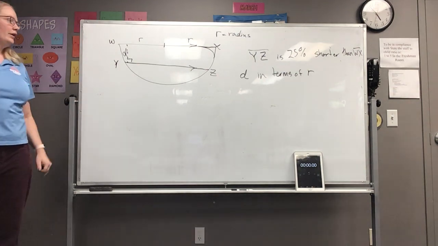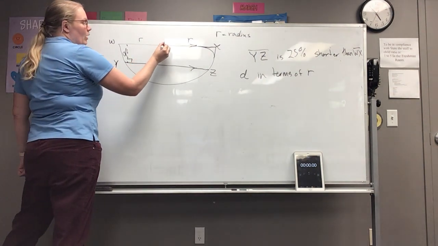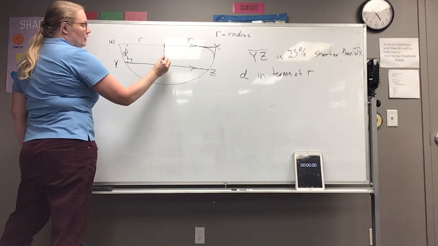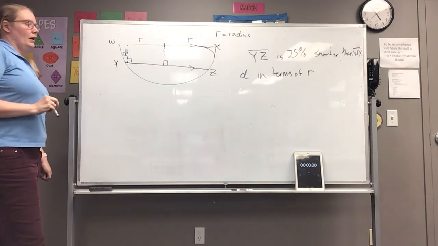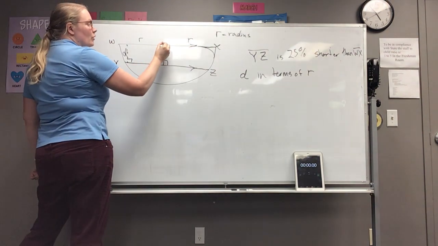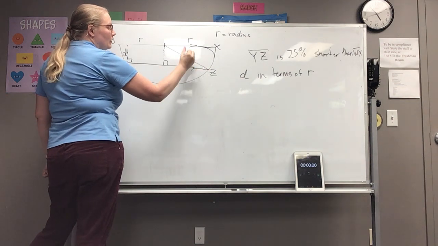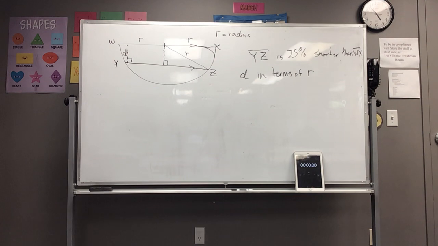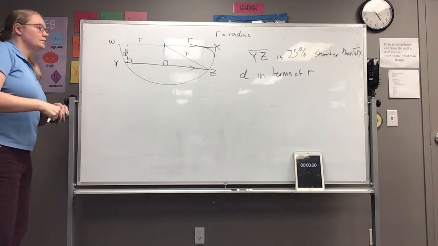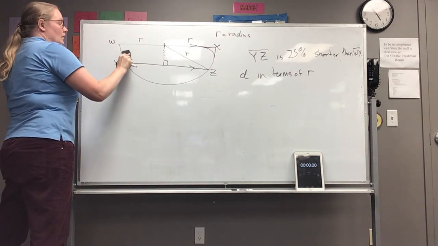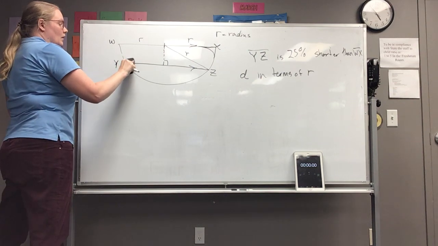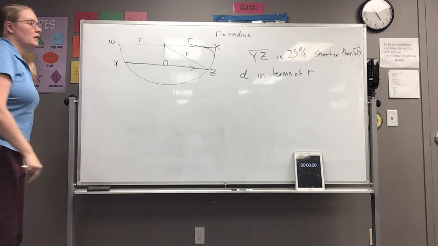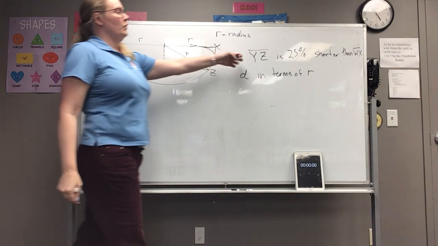I drew it over here, but the first key to this problem is to put it in the middle. And the second key to this problem is to know that we can put the radius making a right triangle. The next is this relationship.